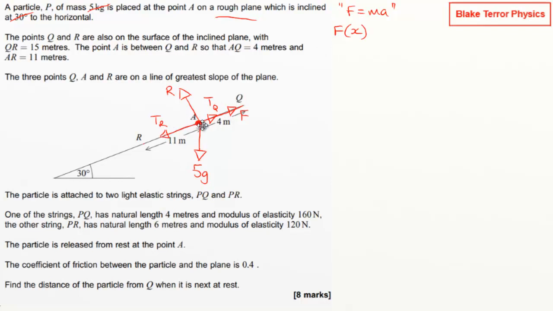I'm probably going to measure distance from A, but you could measure it from anywhere. You could measure it from R, from Q. Doesn't really matter.